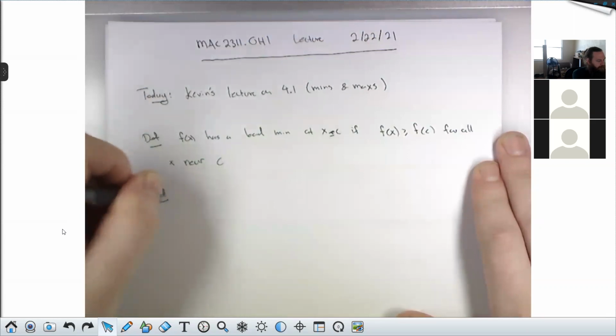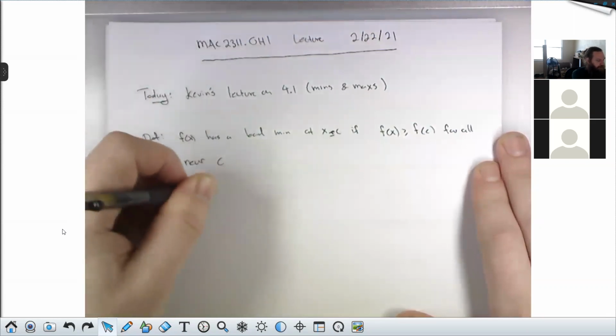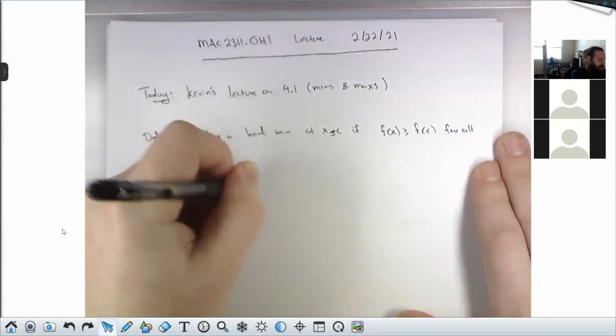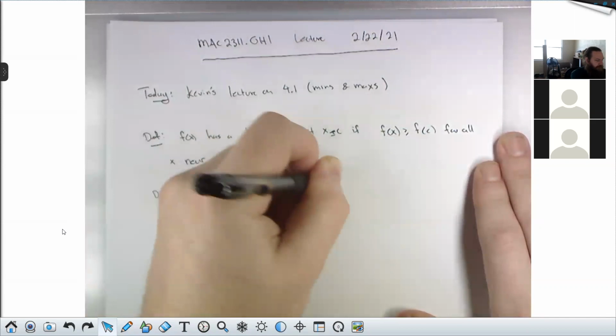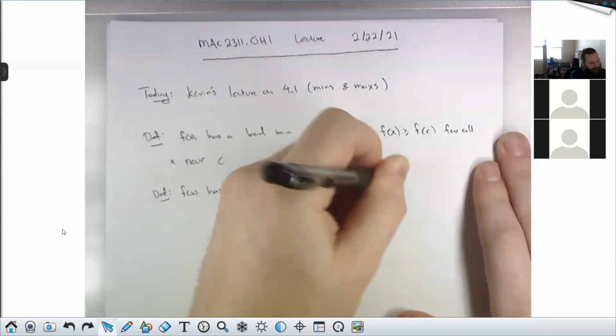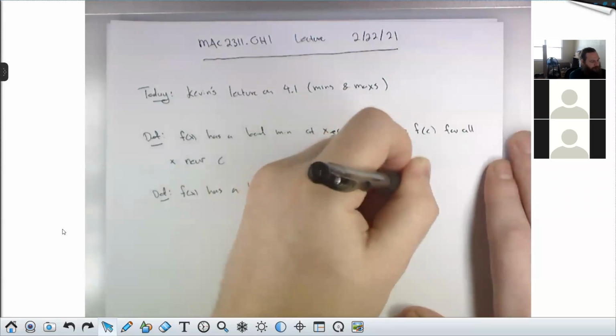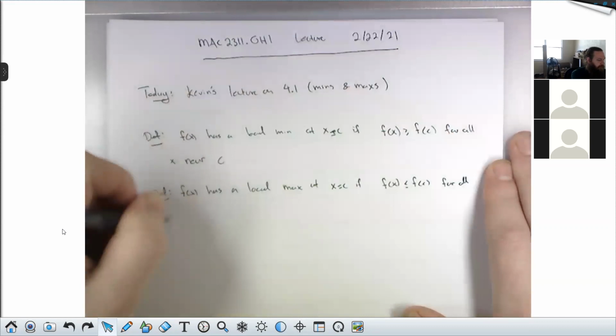And the other definition, for local max: f of x has a local max at x equals c if f of x is less than or equal to f of c for all x near c.